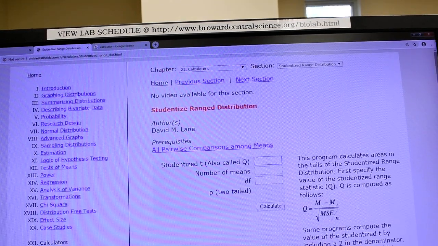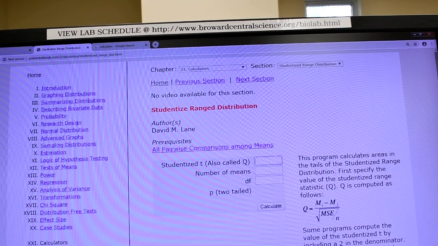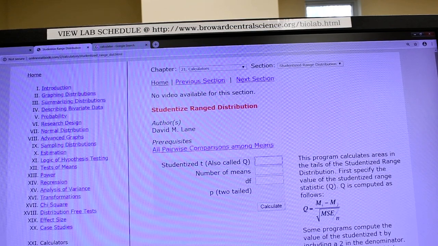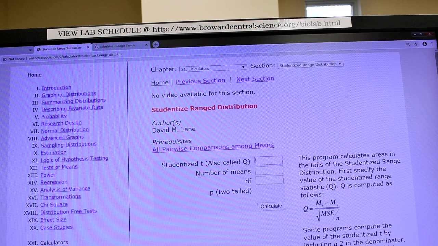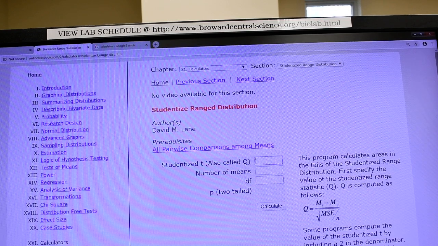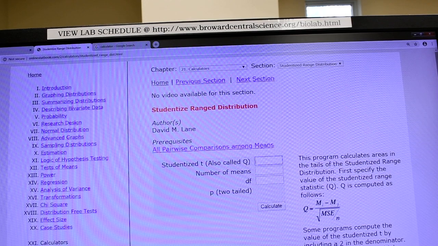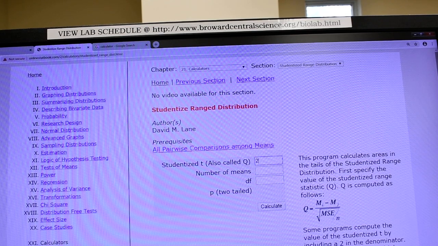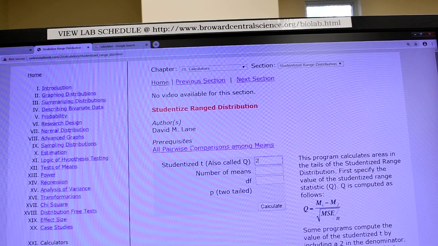So you click on the studentized range, and notice that the calculator is kind of similar to what we saw for the t distribution. So what we need is Q. Now this you would paste in normally, but since I got a 2 evenly, I'm just going to enter that.